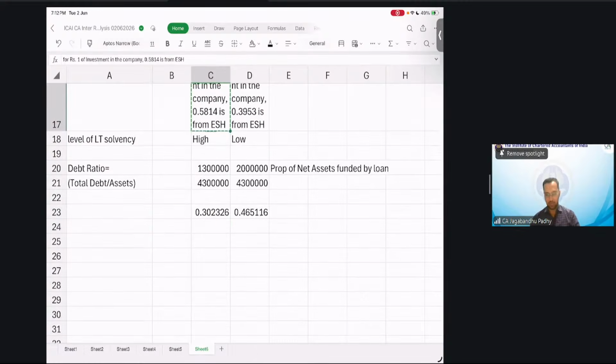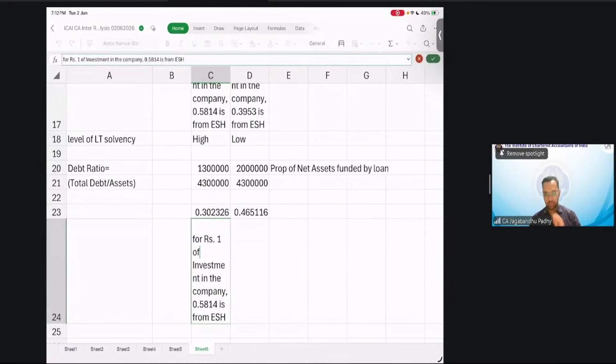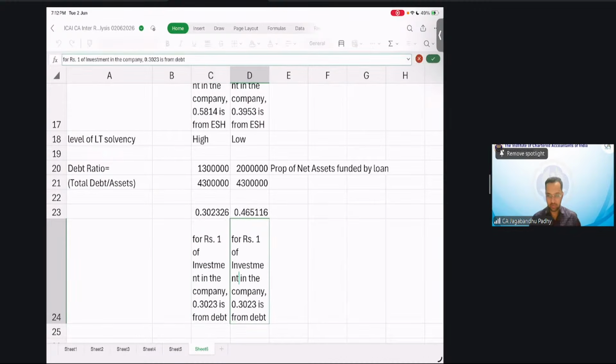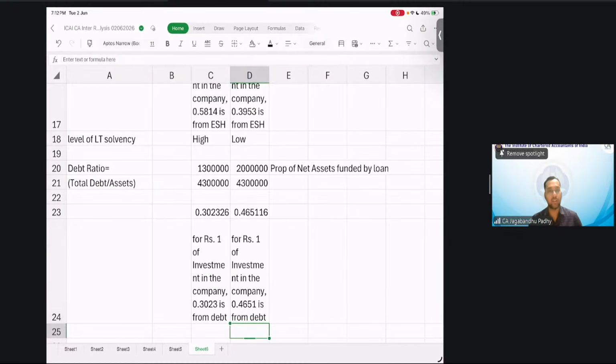And if you talk of the interpretation from this point of view, we can say for every 1 rupee of investment in the company, 0.3023 is from debt. And for rupees 1 of investment in the company, 0.4651 is from the debt.